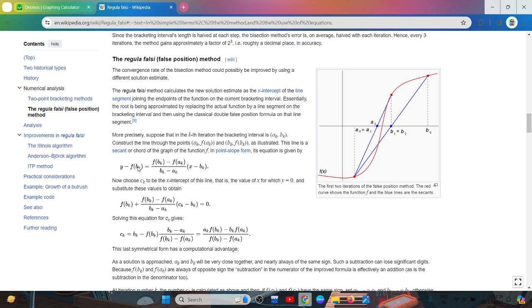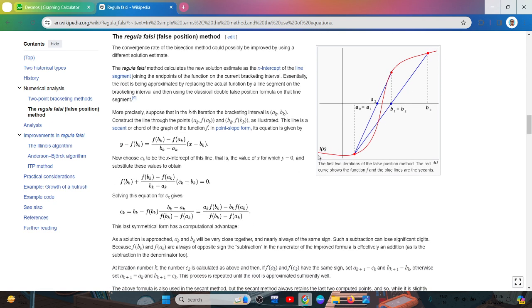If we put ak here, the form simply changes to ck equal to ak minus f ak into bk minus ak by f bk minus f ak. So this is the point ck, the intersecting point of the x-axis and the line joining these two points.